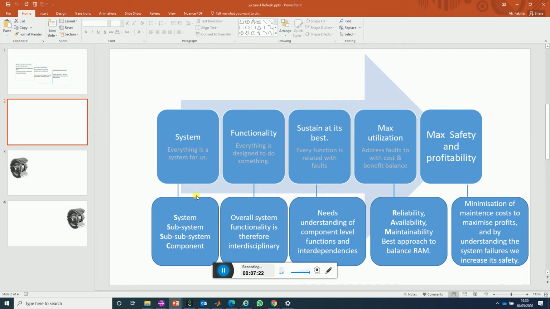You have pneumatic system, flight control systems. All these are systems, but then within those systems you have subsystems and subsystems of subsystem. So a fuel system is a subsystem. Then in a fuel system, what you have is, for example, fuel tanks, right?